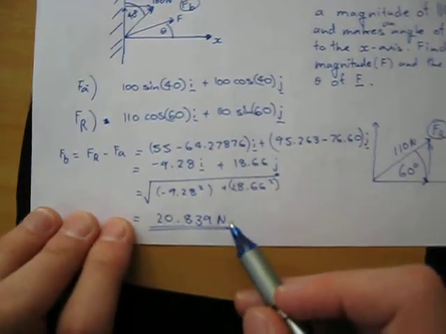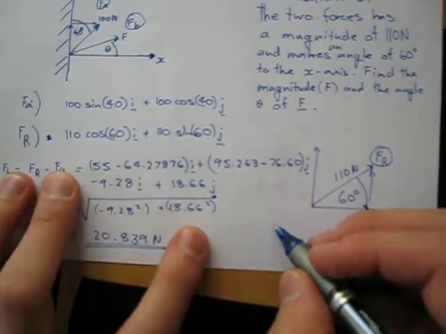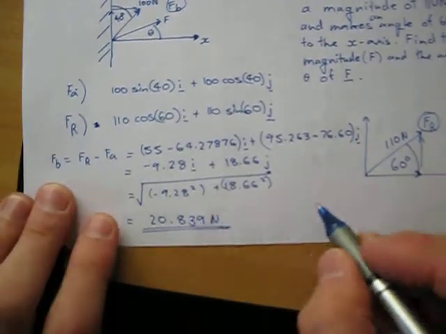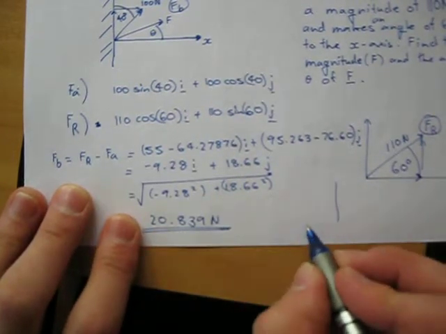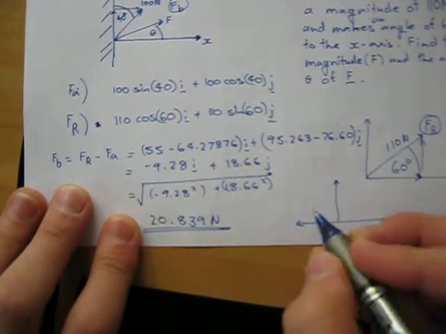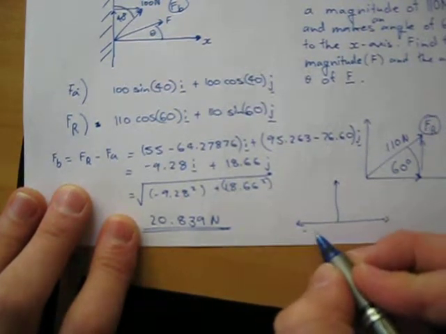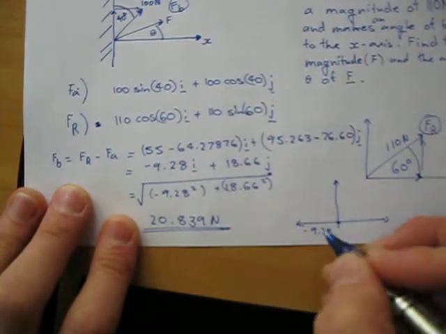So here we found the magnitude, but we still need to find the angle that F makes. Well, we can draw out what's going on here. We know it's negative I, so if we just draw our little axes here, we know it's negative, so let's just say this is negative 9.28 and this is 0 here.